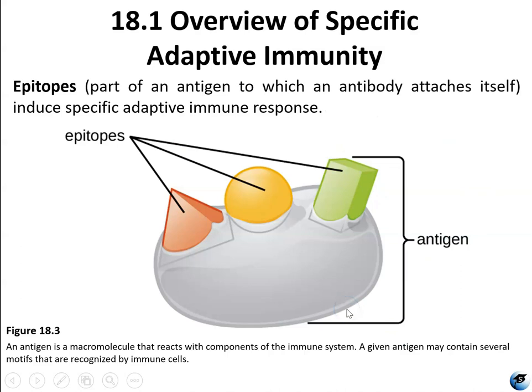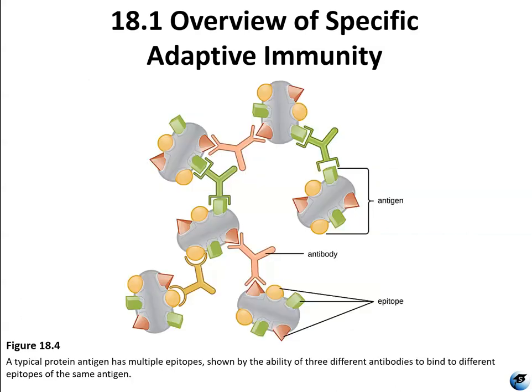An antigen is a macromolecule that reacts with components of the immune system. A given antigen may contain several different motifs that are recognized by immune cells. A typical protein antigen has multiple epitopes, shown by the ability of 3 different antibodies to bind to different epitopes of the same antigen. And that is shown here in figure 18.4.